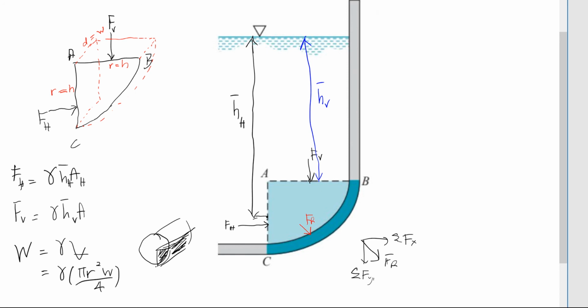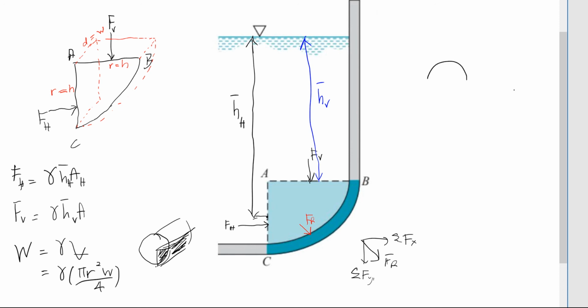But for a different diagram, maybe the curved surface can be a hemisphere, like a dome shape, so you have to change the volume formula. It can be like this.